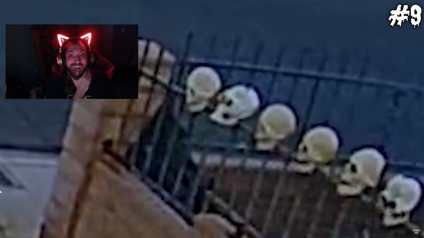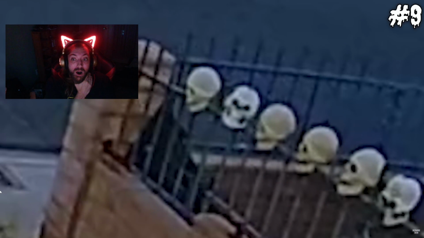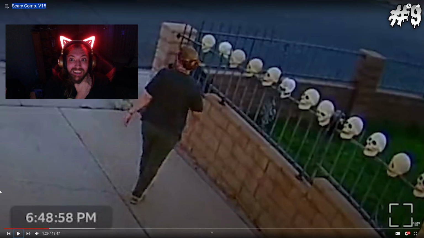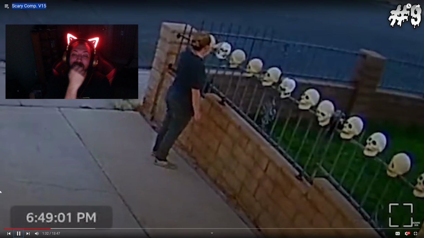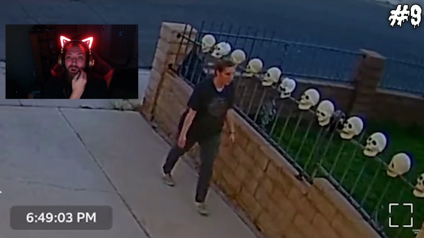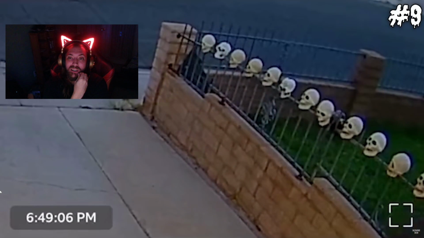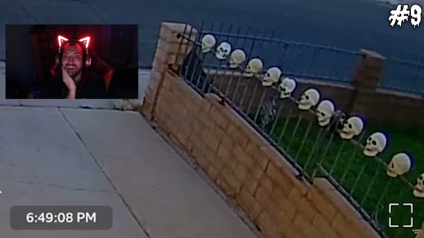Out of all the skulls, this one moves, and it's towards the direction of Misbehaving1. That's insane. To her, there was no string attached, and if the wind caused this, then why didn't the rest move? The creepiest part isn't just the skull itself, but the way it moves. It turns almost in the same way as someone robotic who's trying to get a glimpse of something that passed by them.